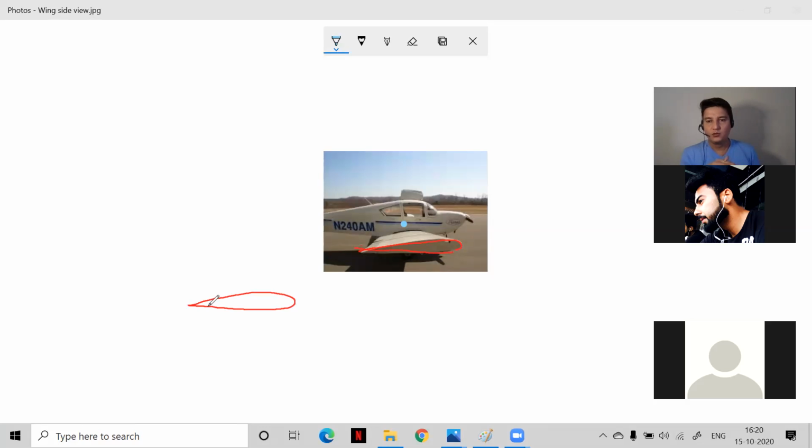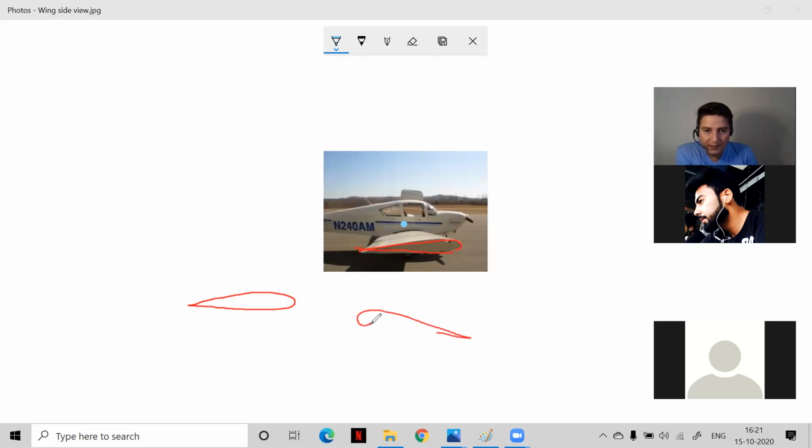Okay. So if there is a full-fledged aircraft and you are looking at it, this is the nose, these are the wings, these two are the wings. So they have planted the aircraft like this. So you're looking at the tip of the wing. So the tip of the wing has a shape like this.